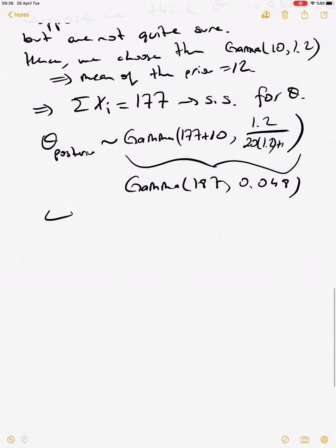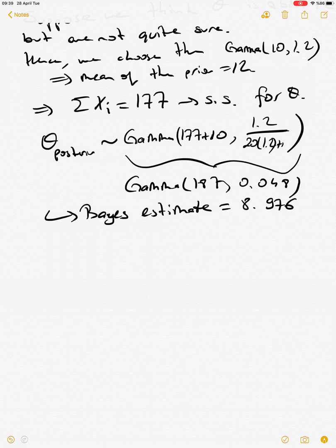Then using this, the Bayes estimate under the squared error loss function is the mean, which is 8.976.